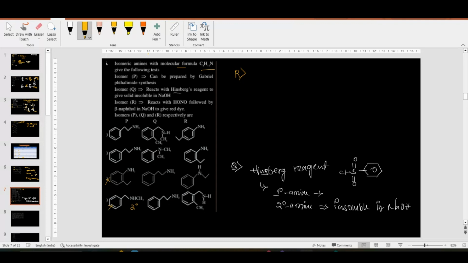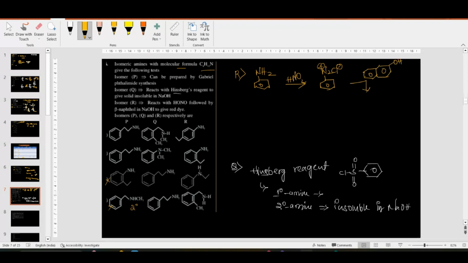Let's check this R. It reacts with HNO2 followed by beta naphthol in NaOH to give, they have given this. See, if you have this NH2, when you treat with HNO2, it will form benzene diazonium chloride, right? Then, followed by beta naphthol. The structure of beta naphthol is this.